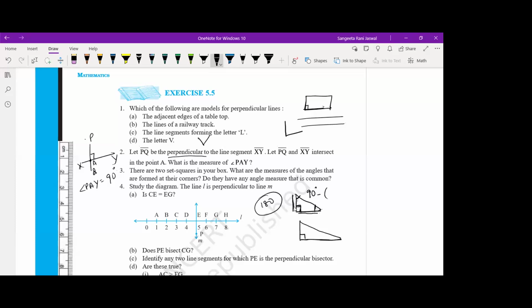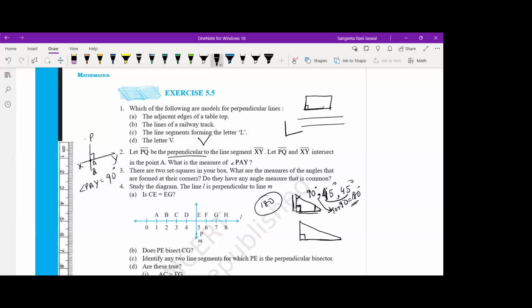So the other two angles are 45 degrees and 45 degrees. 45 plus 45 is 90, and 90 plus 90 is 180 degrees. That gives you the angle sum property of a triangle.